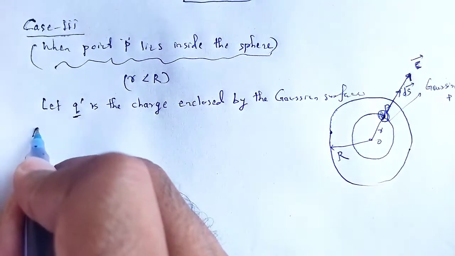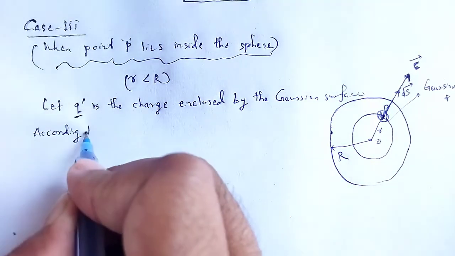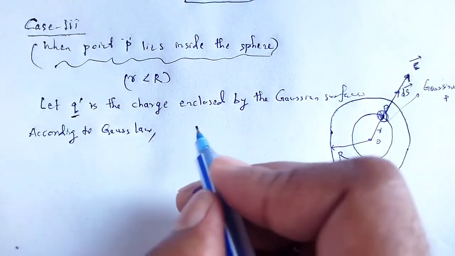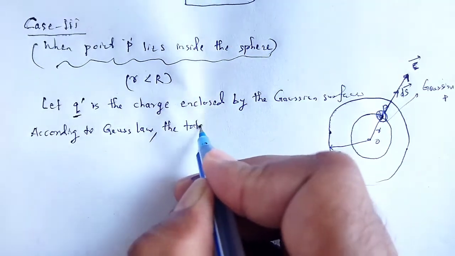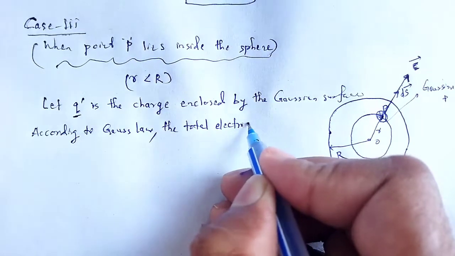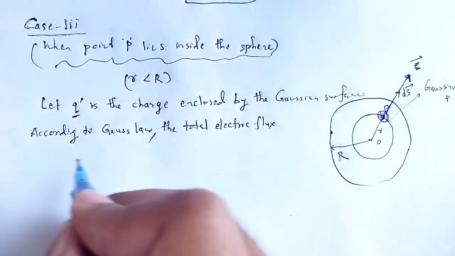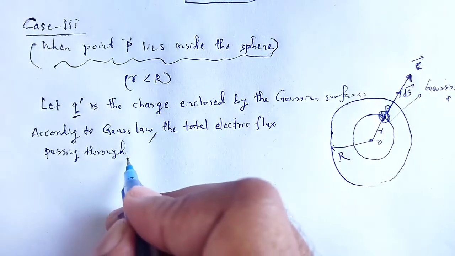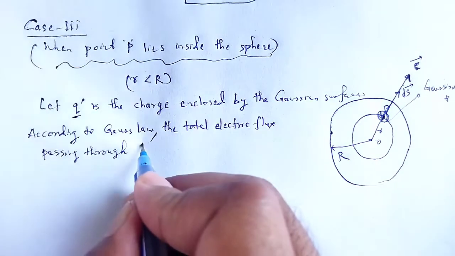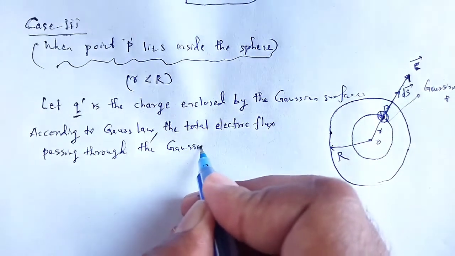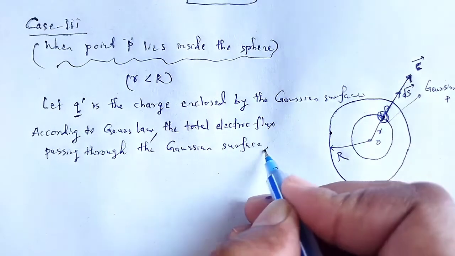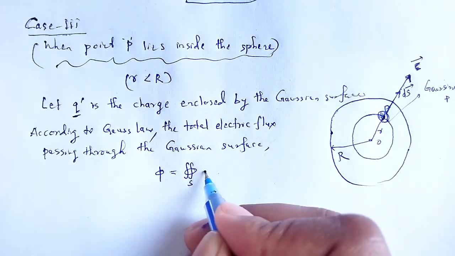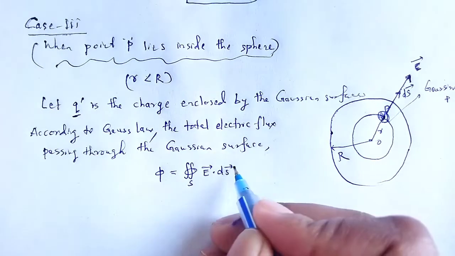Then according to Gauss law, the total electric flux passing through the Gaussian surface is phi equal to closed surface integration over S of E dot ds.